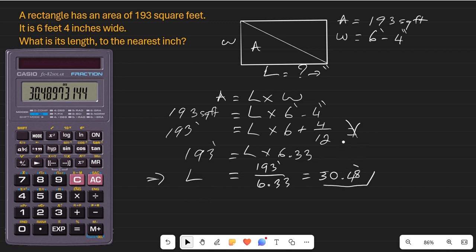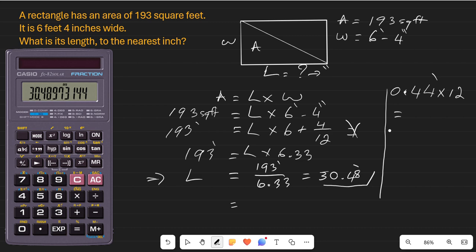Because they said to the nearest inch here, to the nearest inch. So we have the 0.48, let me write it down over here, 0.48. We're looking for inches, so we multiply by 12.